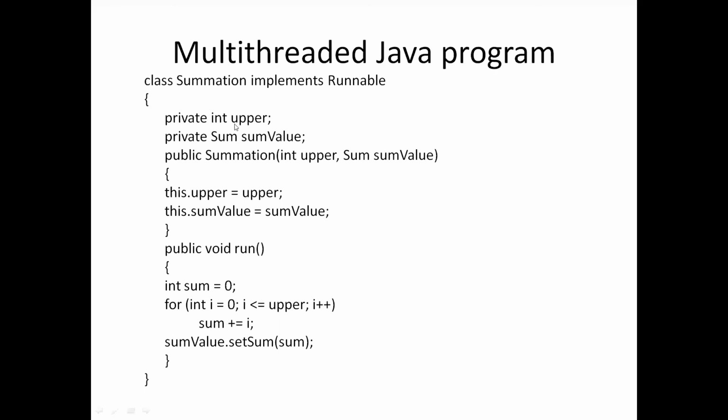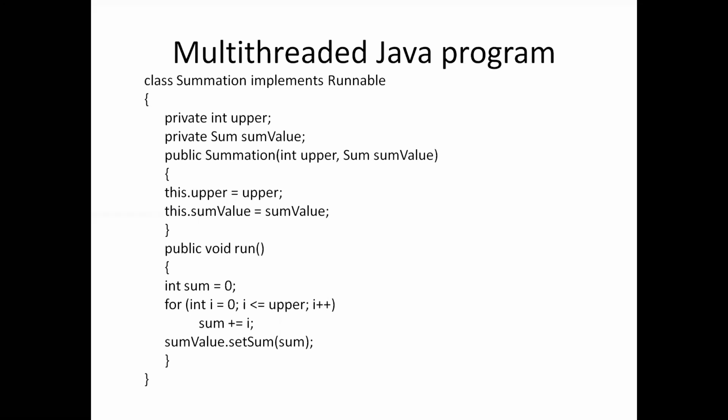The instance variables upper and sumValue are the same as the local variables upper and sumValue. So to distinguish between instance and local variables, if you want to access the instance variable, we use the this operator. this.upper equal to upper, this.sumValue equal to sumValue.